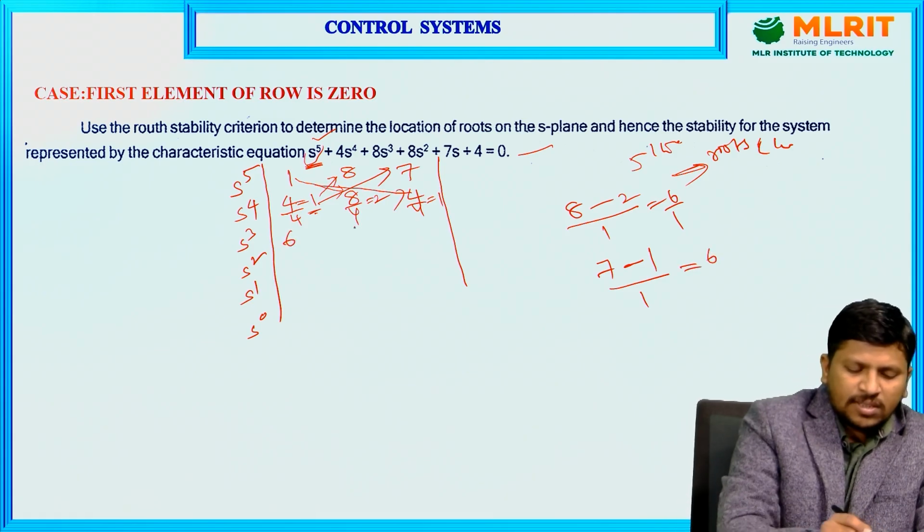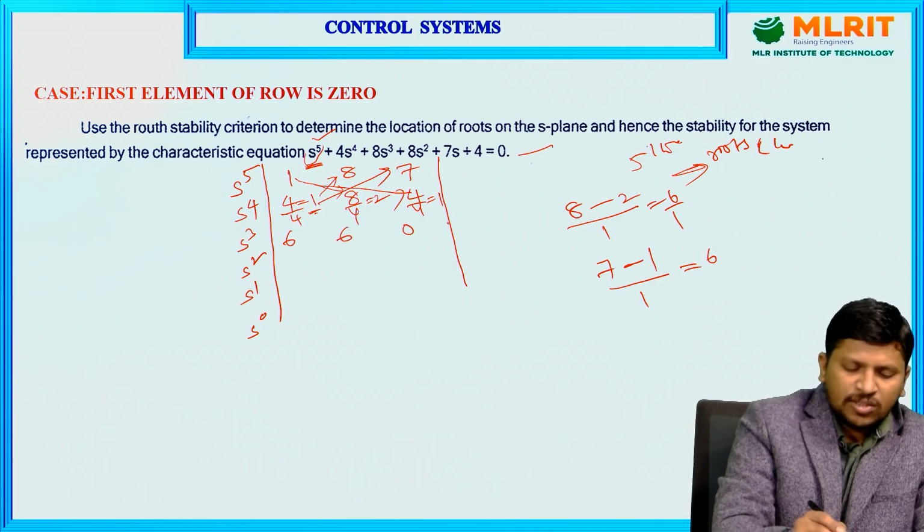Here we got the 6, and here also 6. The last term is 0, as there are no terms after that. So 6, 6, 0.